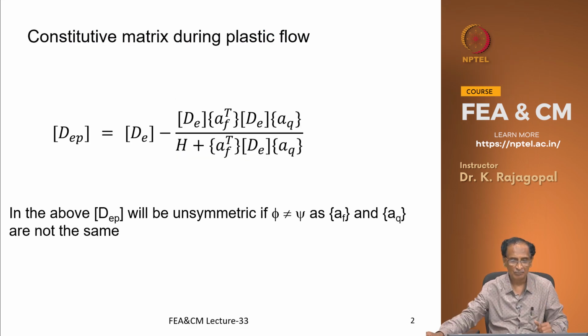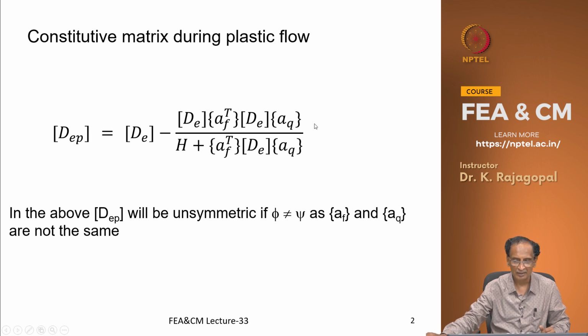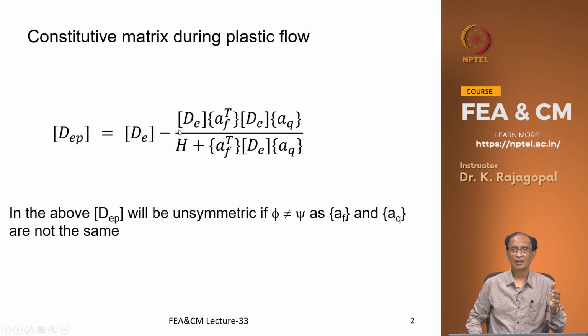We derived this equation: DEP is dE minus this whole thing, and in general this elastoplastic matrix is unsymmetric when your dilation angle psi is not equal to friction angle phi, okay.